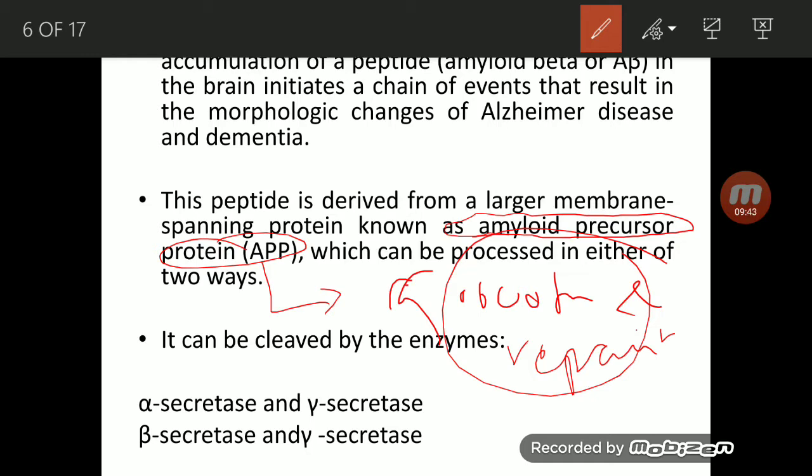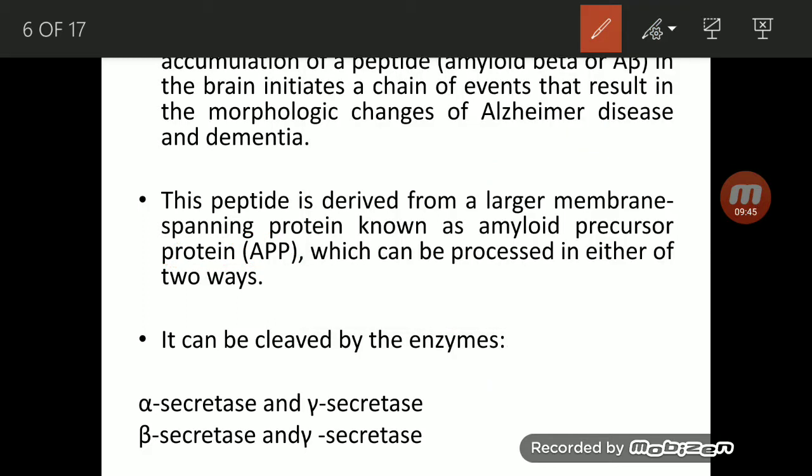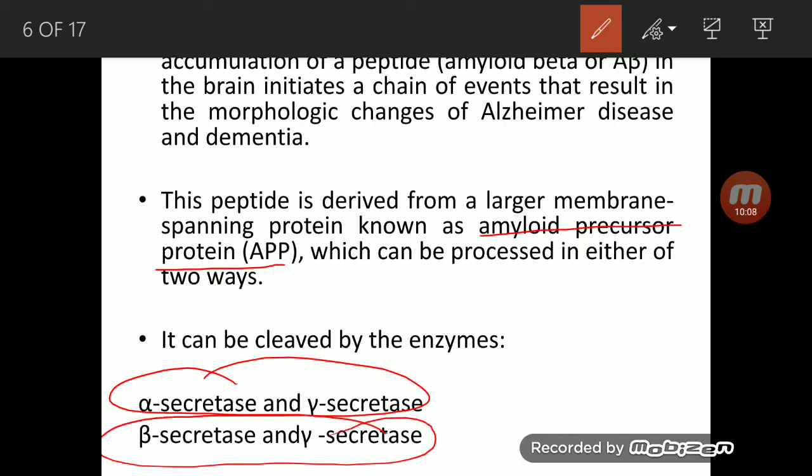Okay, but since APP is a protein, after it has been used, it needs to be disintegrated, it has to be recycled. So this process of disintegration of your APP can be done by a pair of two enzymes. Okay, basically it can be cleaved by two enzymes.